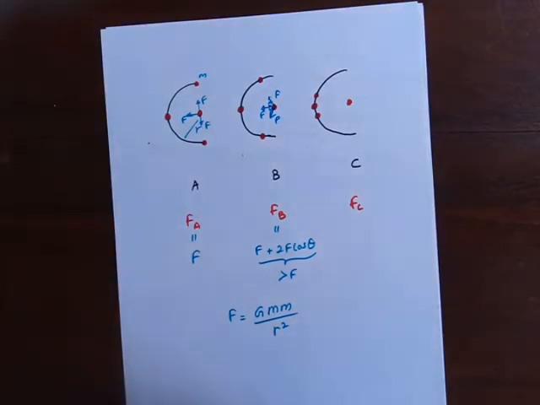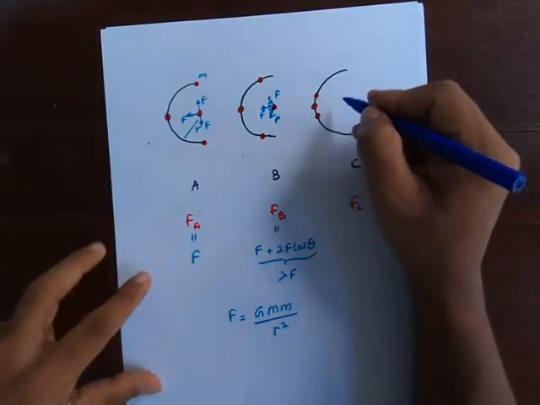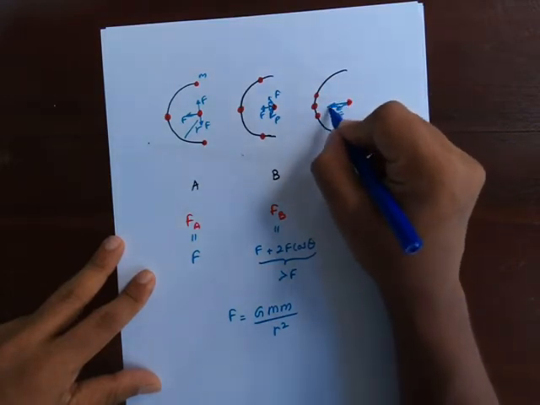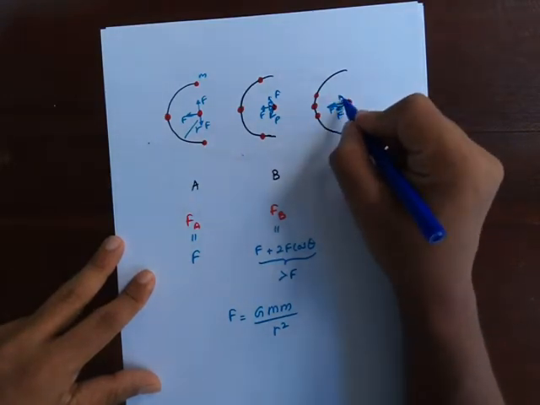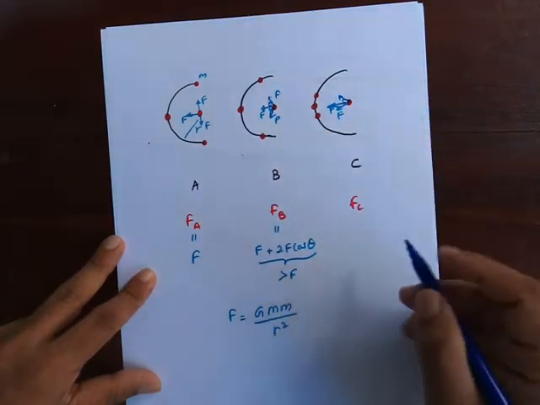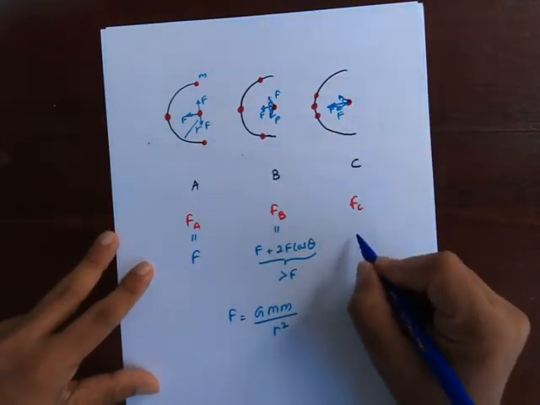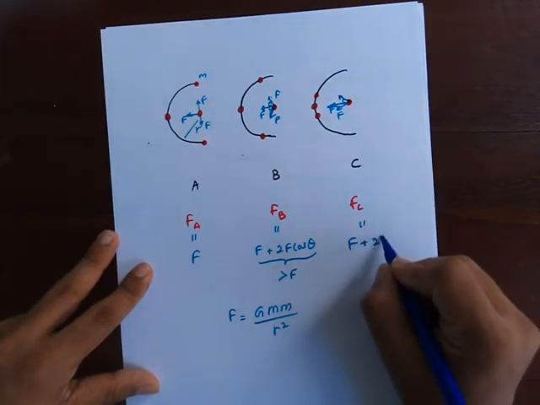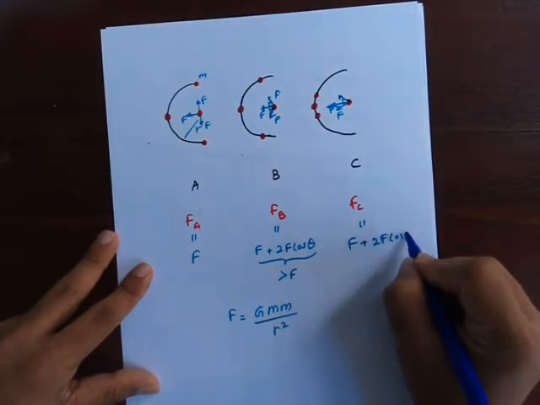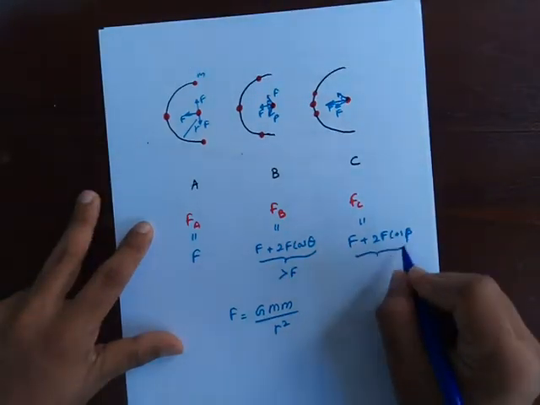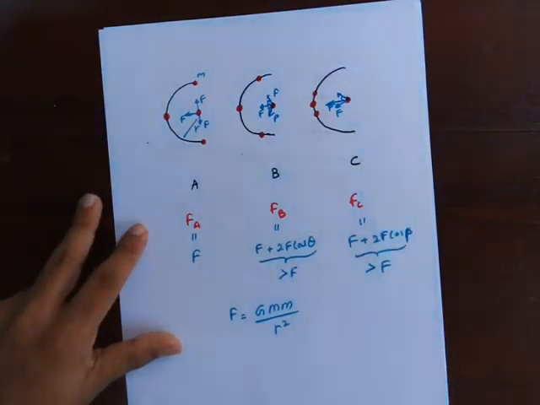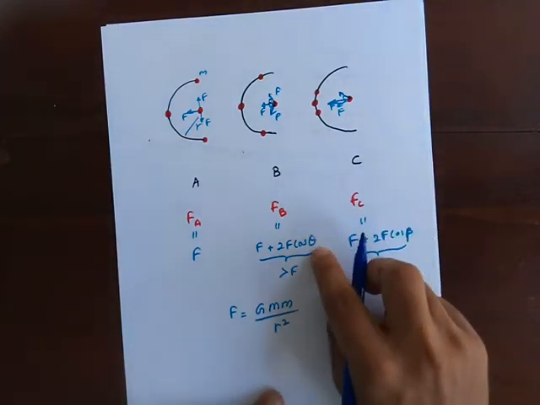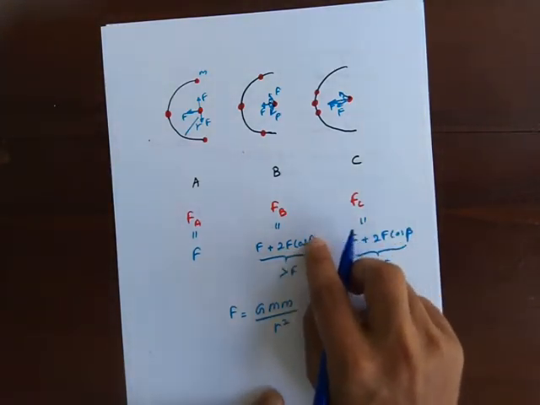And similarly if I consider this one, here F, and this is also F and F, and this angle is smaller. I take this as beta, so I can write Fc is equal to F plus 2F cos beta. This also is greater than F, and angle theta is greater than beta. We know when the angle increases, the cos value decreases, right?